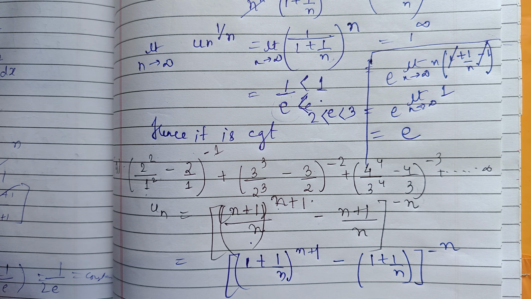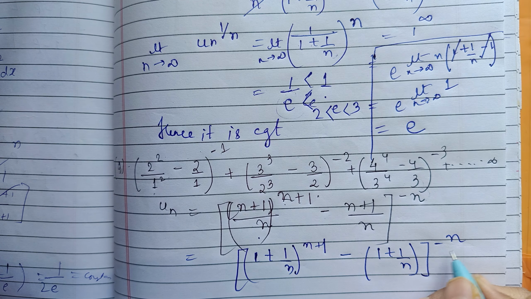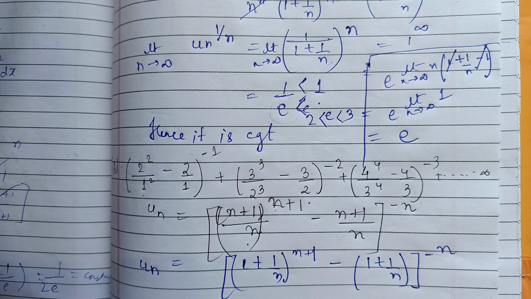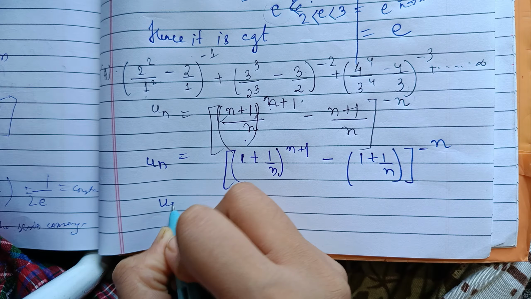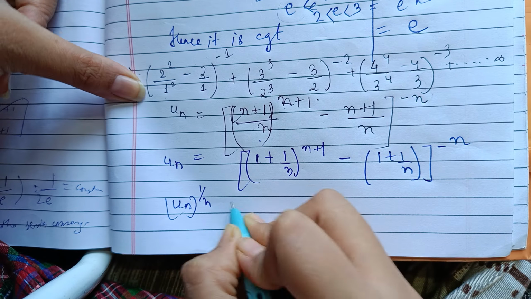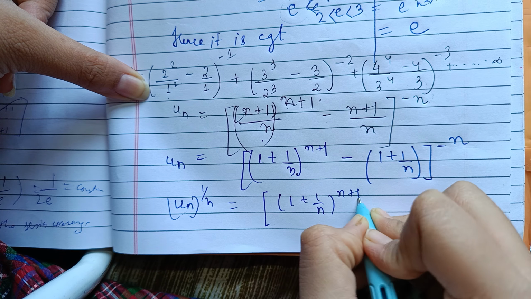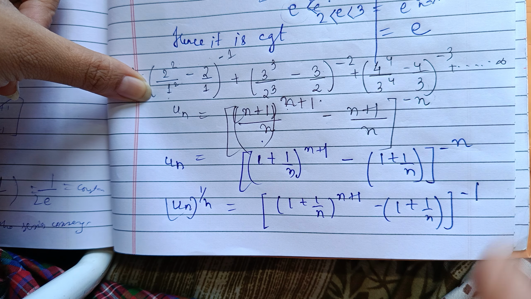All right, now what's the approach? Putting the minus n over this side, if I shift this minus n to LHS, I will be left with uₙ^(1/n) equal to (1 + 1/n)^(n+1) minus (1 + 1/n)^(-1).